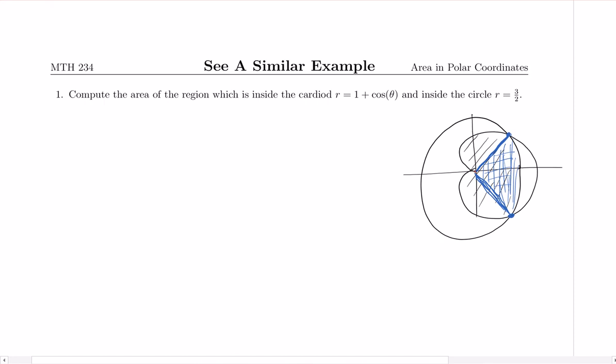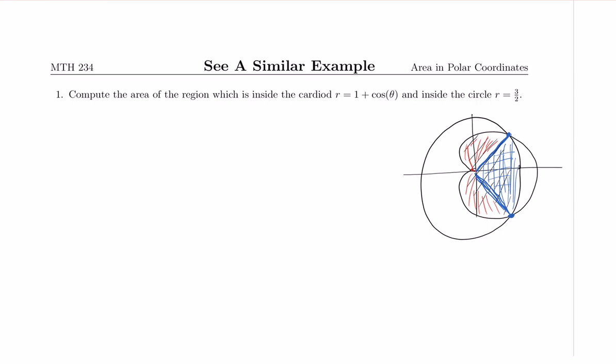But for this red region, which is everything else, the outside of the red region is the cardioid. And so the integrals will be different for the two.